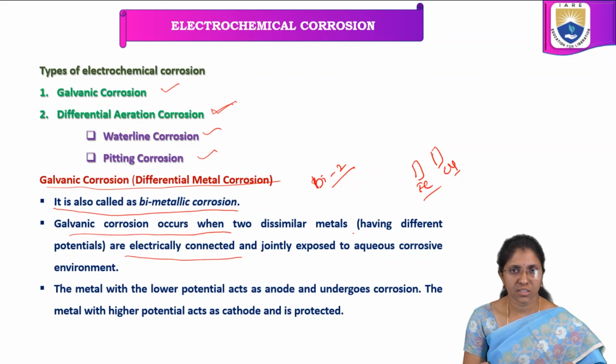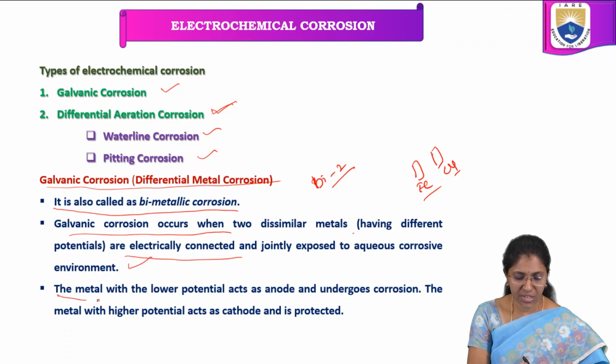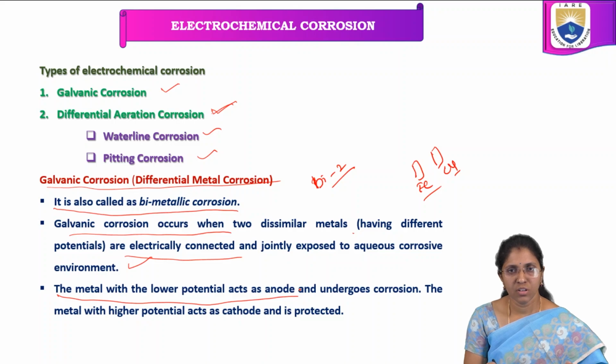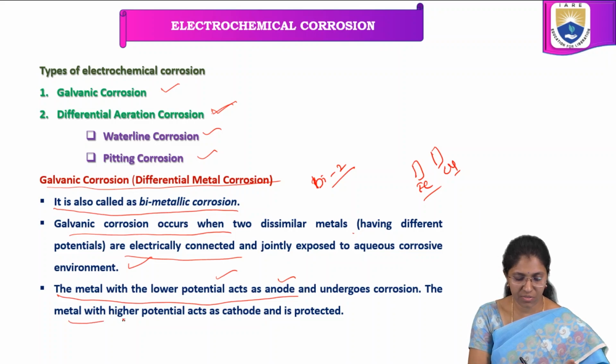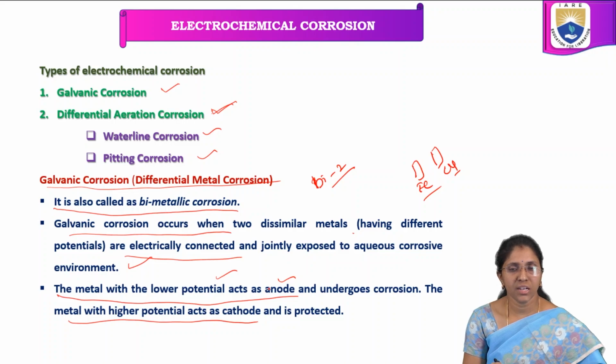The metal with the lower reduction potential acts as the anode, and it undergoes corrosion. The metal with higher potential acts as the cathode, and it is protected.